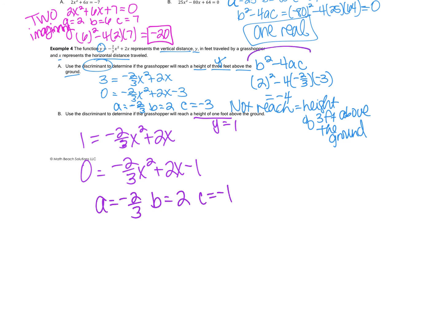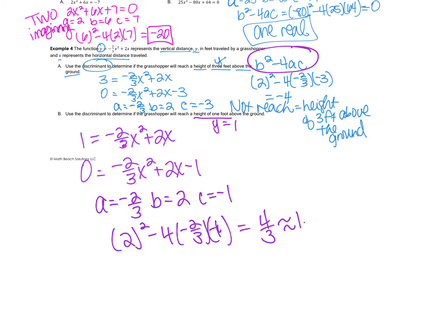So plugging into your discriminant formula, you have 2 squared minus 4, A is -2/3, C is -1. So again, work that out in the calculator. You end up getting 4/3 or 1.333 repeating.